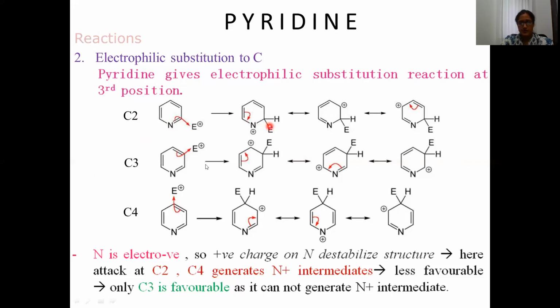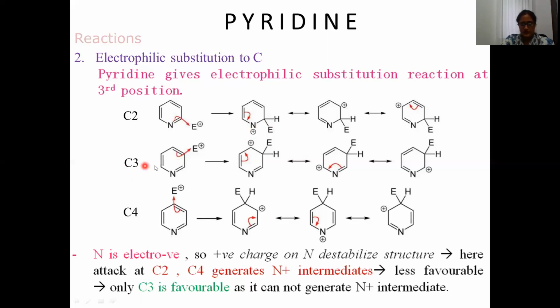So if we see the electrophilic substitution at the C2 and C4 positions, look here, N-positive intermediates, N-cationized intermediates, are formed. That's why they are less stable or less favorable than the other intermediates.